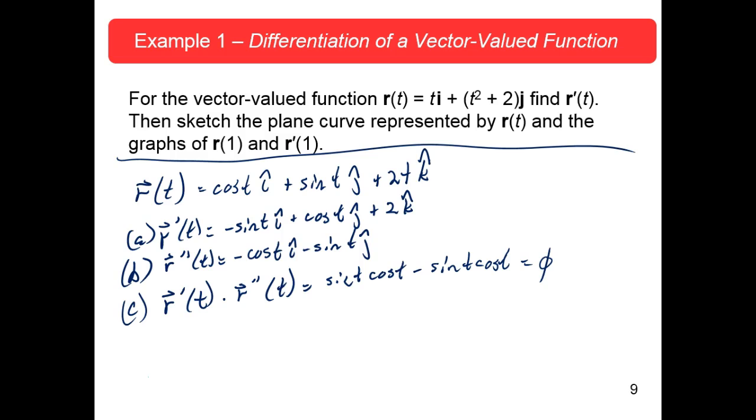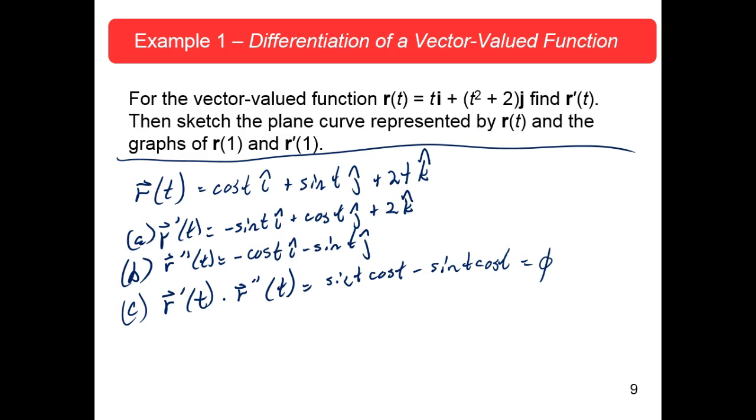Can I say always? I think so. Okay, let me say it this way. A derivative of a function dotted with the second derivative is always 0. And the reason for that, the derivative is the velocity function you can think of, and the second derivative is the acceleration function, and those are always perpendicular to each other. Okay? So I think you can always say that.